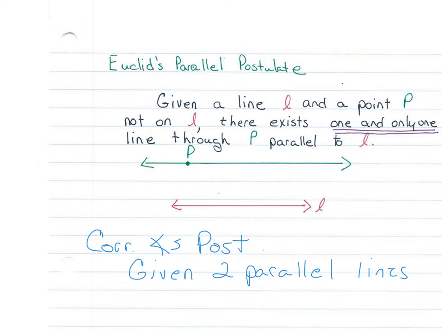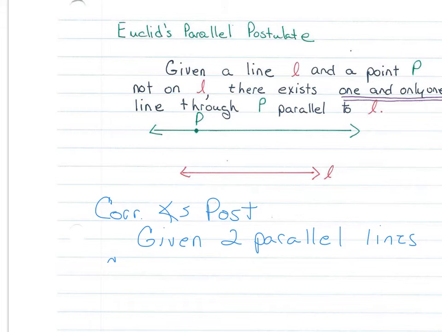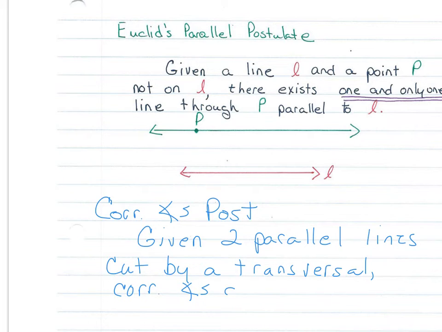Given two parallel lines cut by a transversal, corresponding angles are congruent. This is only true if you're told the lines are parallel. If you know that the lines are parallel, then corresponding angles are congruent angles.